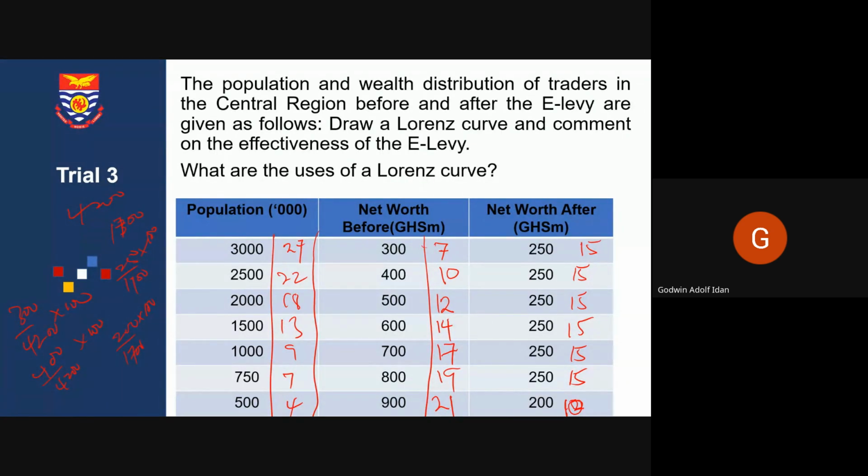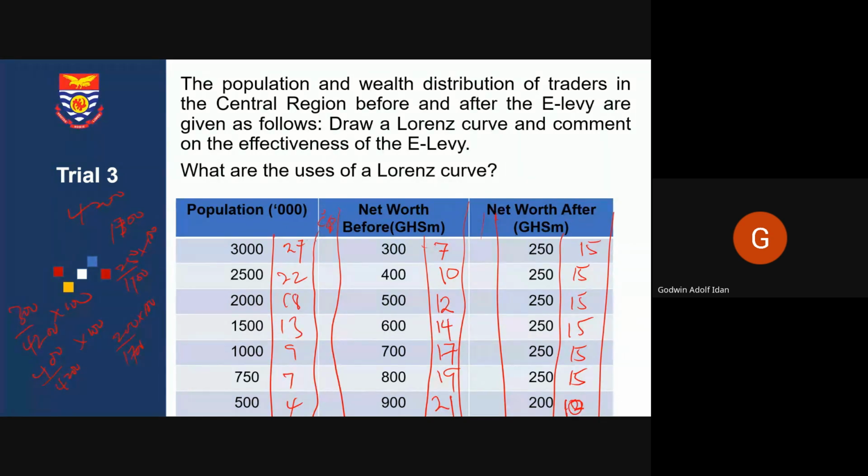Now the next step says that we should calculate the cumulative percentage of population. Do you remember that? Then we calculate the same. In terms of the cumulative percentage of the population, we only add in the percentages.